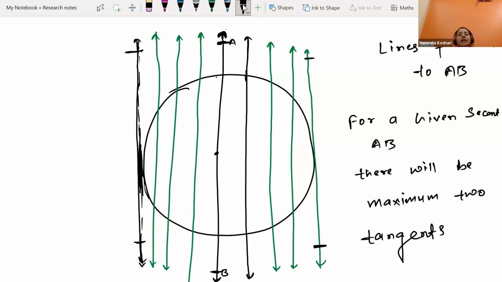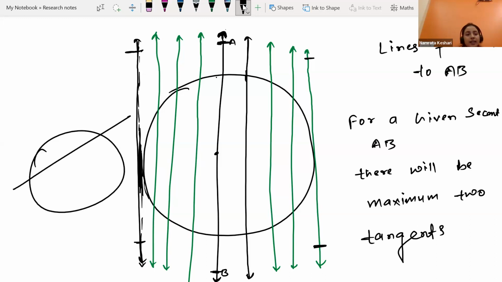But for any secant, can we say that a maximum of two tangents we can draw which will be parallel to the given secant? Yes. So it is not possible to draw more than two tangents parallel to the given secant.